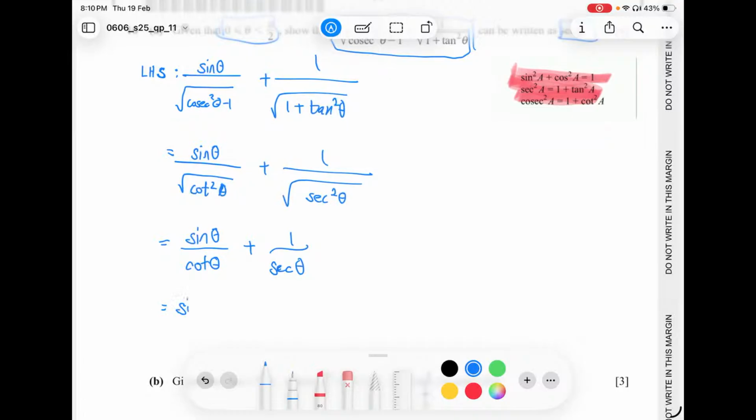So now we have sine theta. The identity we will use here is that cot theta is basically 1 over tan theta, and tan theta is sine theta over cos theta. So this is basically the reciprocal, cos theta over sine theta.